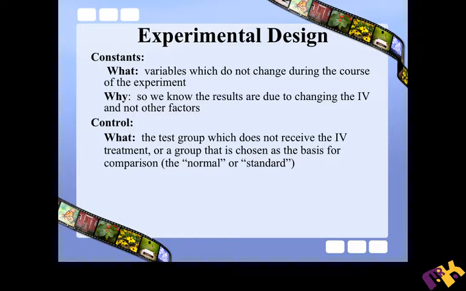It's the plant that we just do the typical thing with, and whatever that typical thing is, we also apply it to the other test plants, except for what we're doing with the independent variable. So it's the group chosen as the basis of comparison, the normal, the standard.